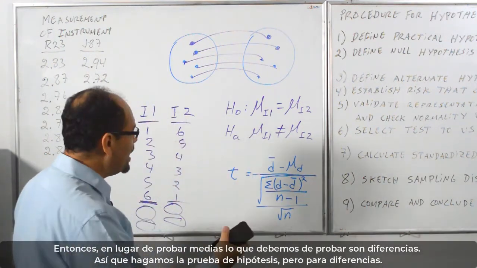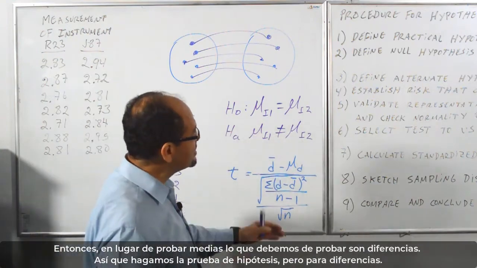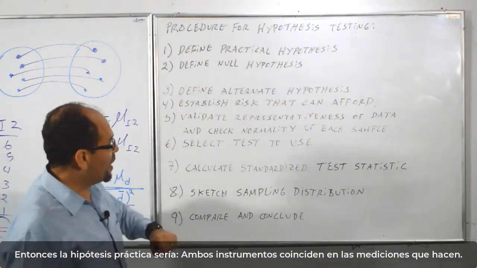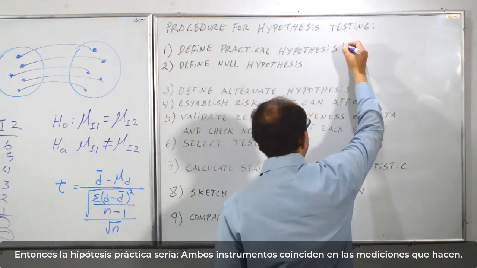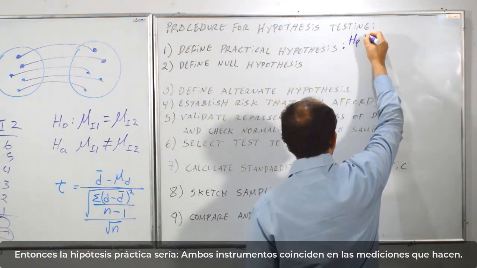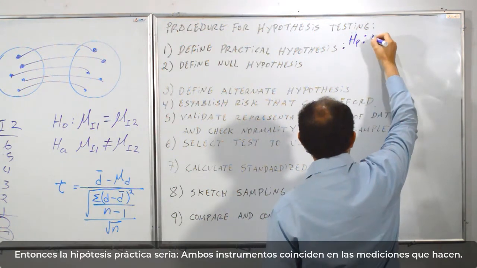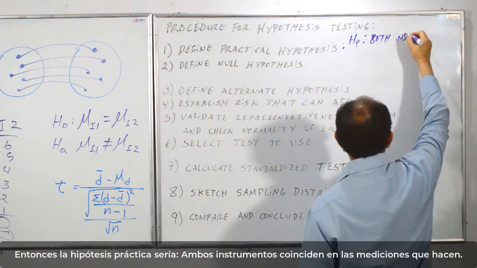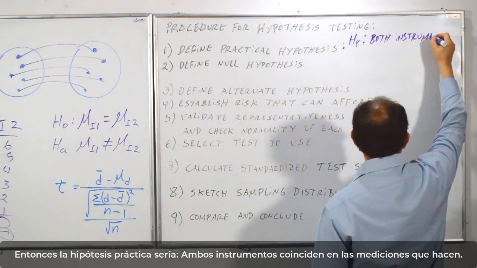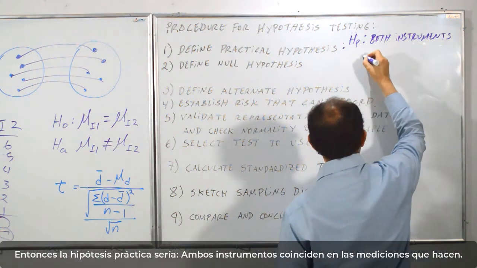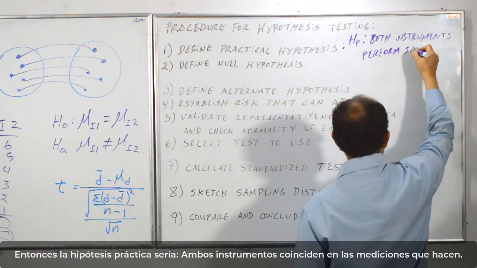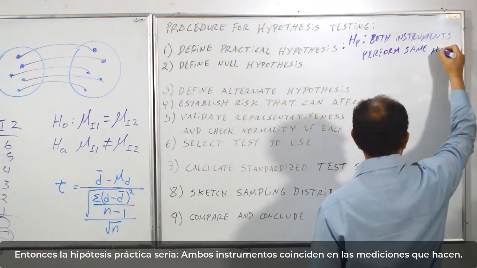So let's do that. Let's do the hypothesis testing, but for differences. Then the practical hypothesis will be: both instruments perform the same measurements.